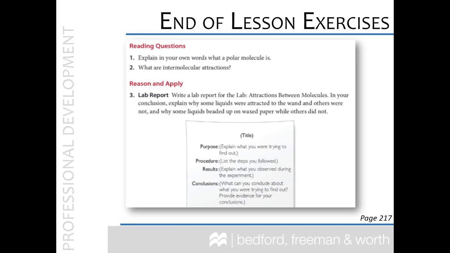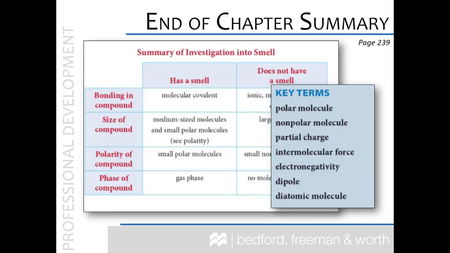At the end of each lesson, we provide you with exercises to do in your class. Reading questions make sure your students have understood the main ideas of the lesson, while reason and apply give your students the opportunity to practice problem solving and using evidence-based reasoning to justify answers. At the end of each chapter, we provide a summary of all the lessons.